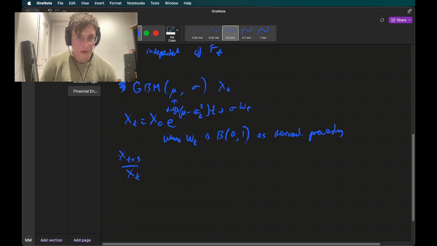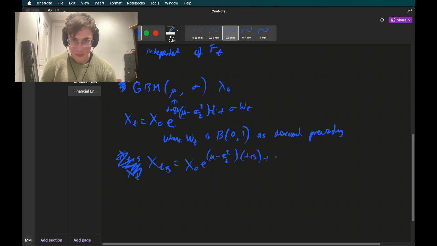Going back to our definition, X_{t+s} over X_t, I haven't described what X_{t+s} is. So let's calculate this value. X_{t+s} is equal to X_0 multiplied by e to the (mu minus sigma squared over 2) multiplied by (t plus s) plus sigma W_{t+s}. Now let's do a little trick. Let's subtract sigma W_s, and then add sigma W_s, and reorder the terms.